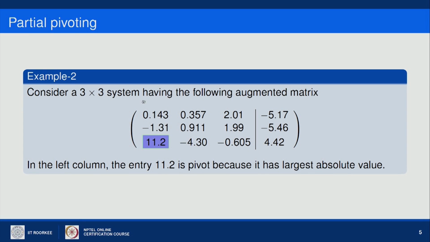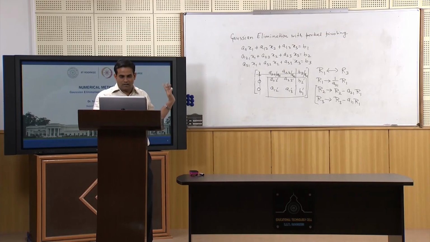Now, in the first operation of Gaussian elimination with partial pivoting, I will search for the element having the maximum absolute value in the first column. Here you can see the element 11.2 has the highest value. So, I will interchange my first and third equation. This is exactly the same as what we did while I was explaining the procedure.